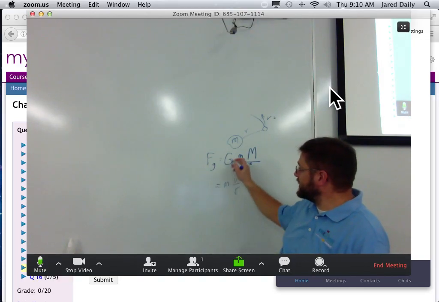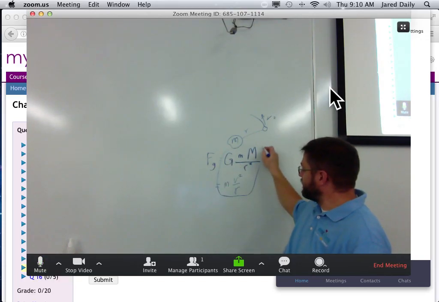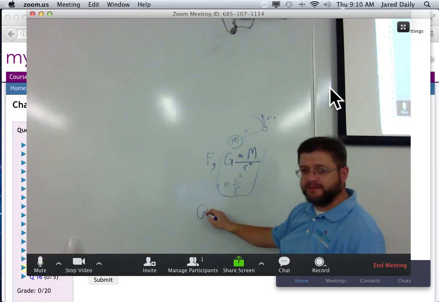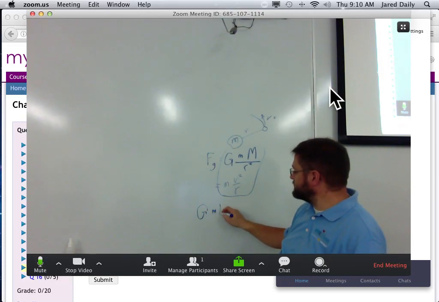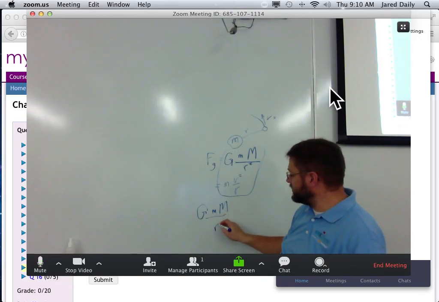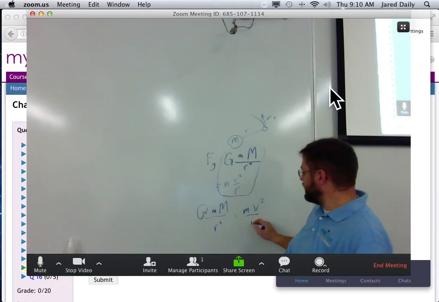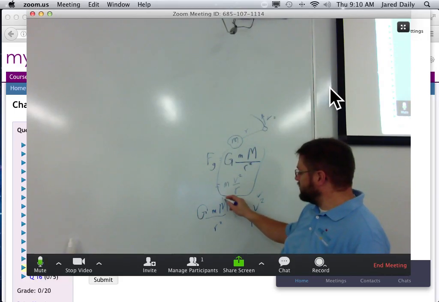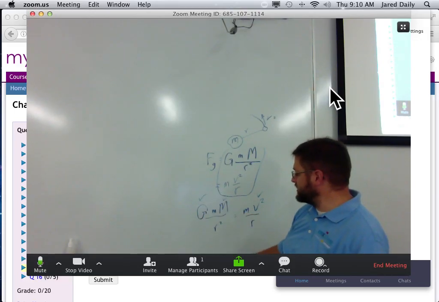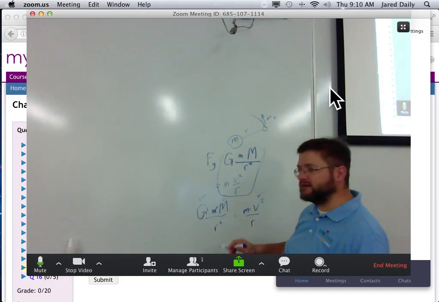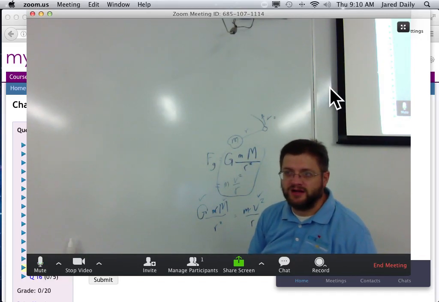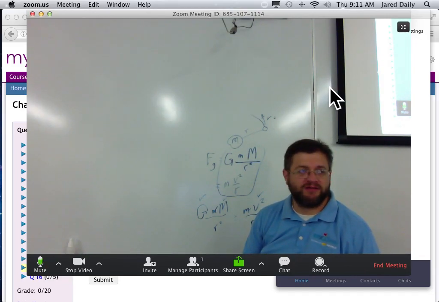So we get these two things equal to each other. Big G times little mass times big mass over r squared equals little mass times v squared over r. We know v, we know big M, G is a constant, and little m is going to cancel out. Can we calculate r? We can solve that for r, can't we?